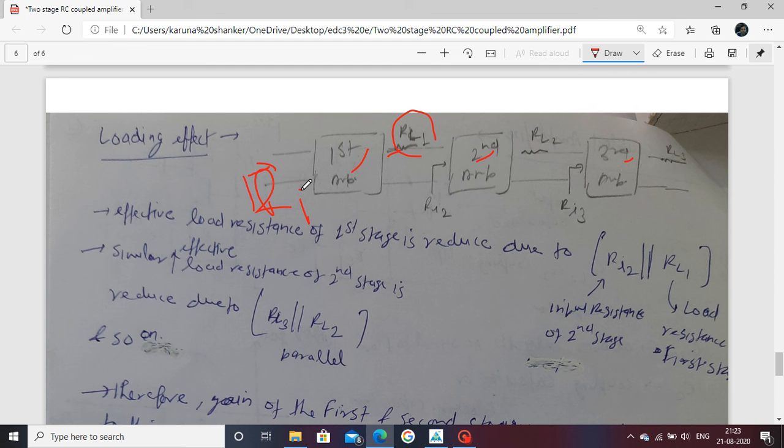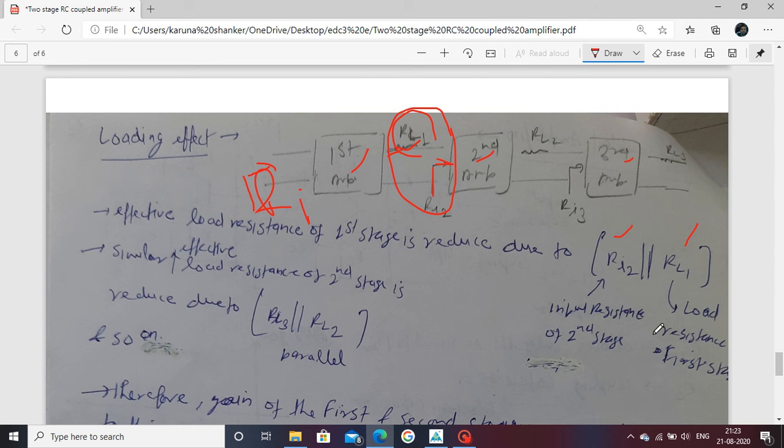Then similarly this is the input resistance of the second stage. Now this load resistance of the first stage and input resistance of the second stage are in parallel combination.